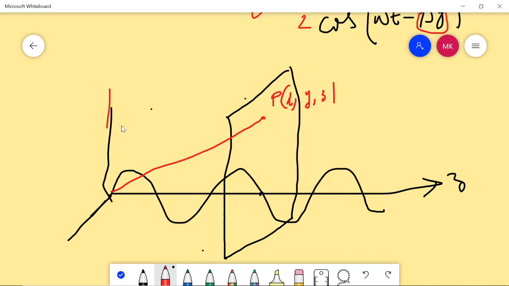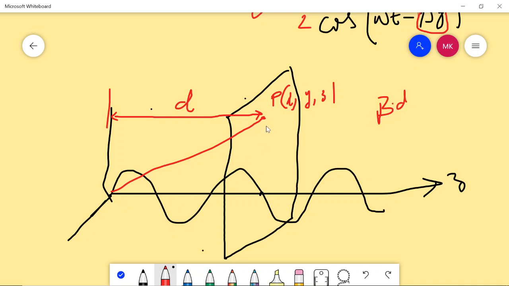We need to find this phase. First we have to find this distance from here to here, and then we multiply this distance with beta. So if this distance is, for example, d, you have to find d, and then you multiply beta with d, then you will get the same phase.